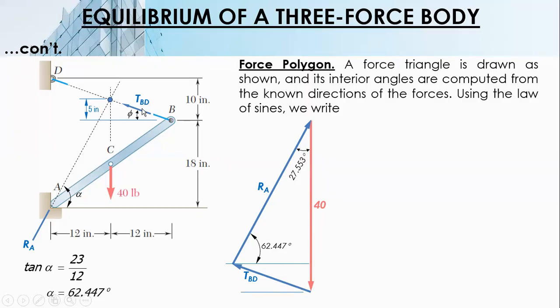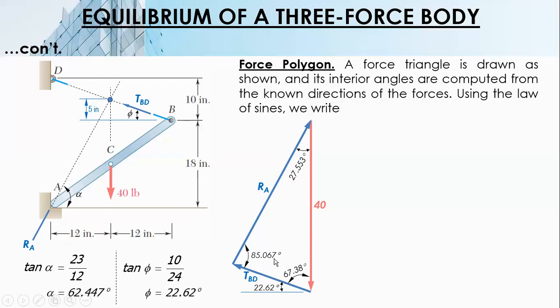Next, this angle. We can solve it since this is 10 over 24. So tangent phi is 10 over 24, and phi is 22.62. Then this one is 90 minus 22.62, which is 67.38. We also have 22.62 plus this one, which when added gives 85.067.